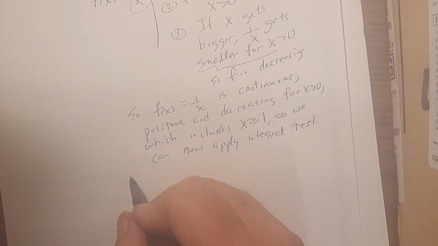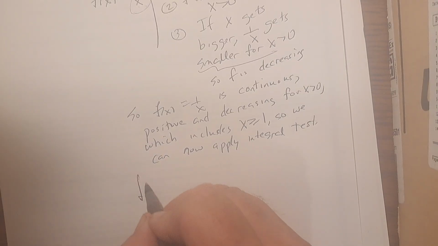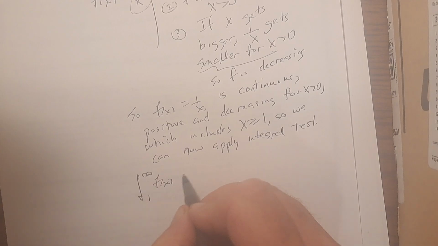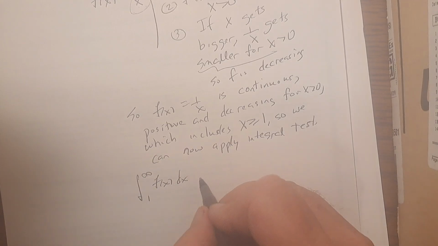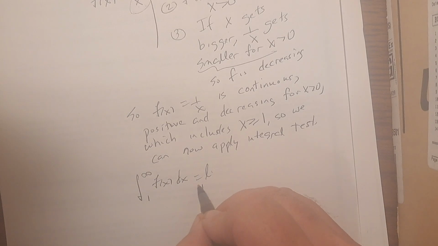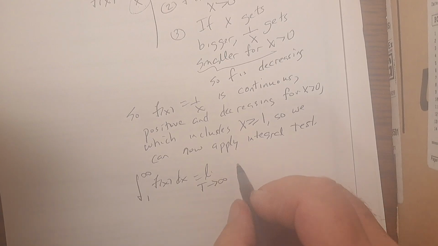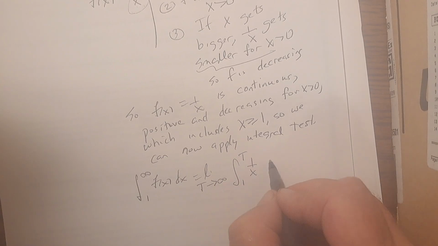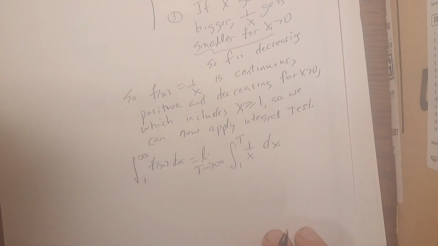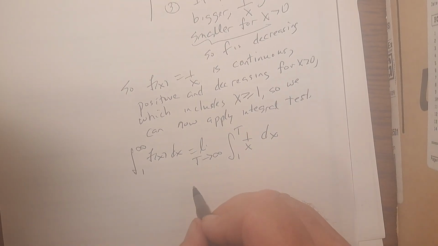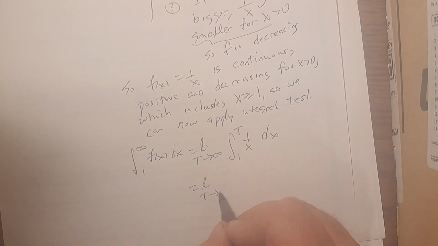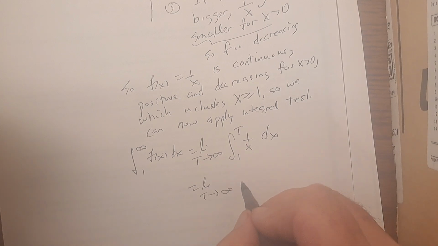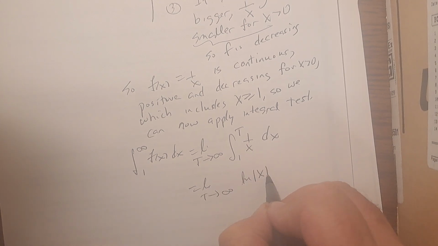Okay, so now let's do the integral. So that would be the limit as t goes to infinity of the integral from 1 to t of the function, which is actually just 1 over x. Okay. The antiderivative of 1 over x is the natural log of x.